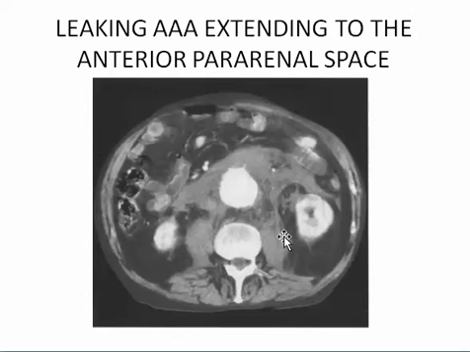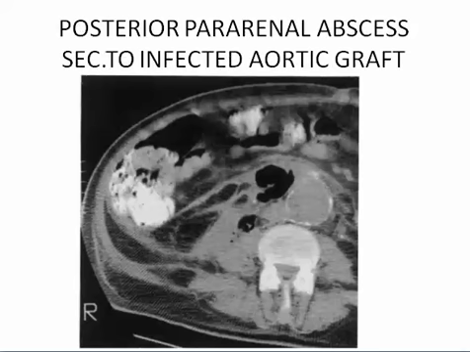This is the appearance of the leaking abdominal aortic aneurysm extending to the anterior pararenal space. This is the anterior pararenal space, separate from the kidney by this line, which denotes Gerota's fascia. Again, the posterior pararenal space here is secondary to an infected leakage of the aortic aneurysm with air formation.